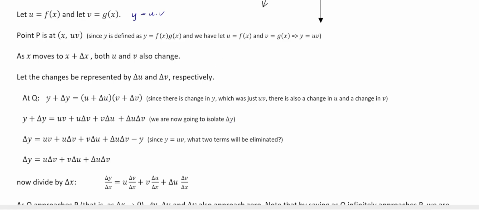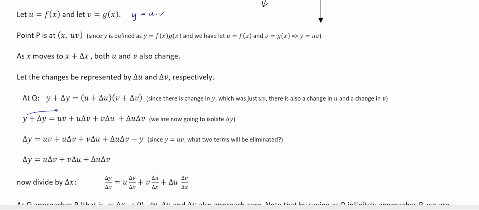And we're now going to isolate delta y. We isolate delta y by bringing this y over to the other side, subtracting it from both sides, so we get negative y. Hopefully you can see that uv, we defined as y.